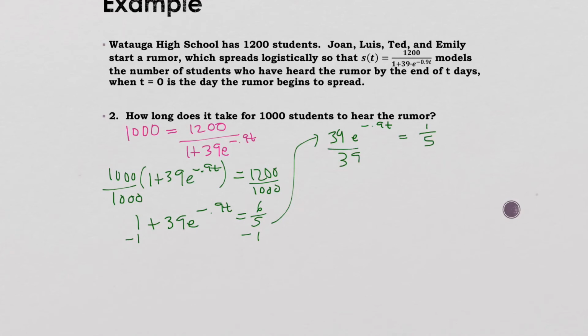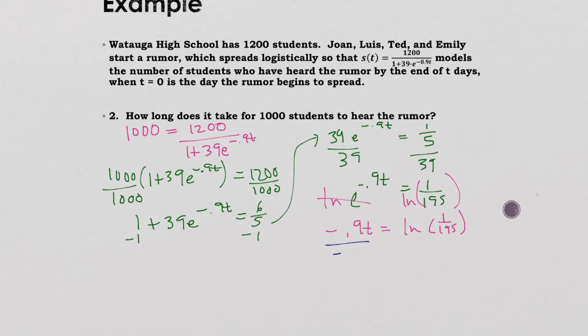Divide by 39, and let your calculator do the division for you. Take the natural log of both sides, so that the e goes away. And divide by negative 0.9, and you get t equals 5.85.